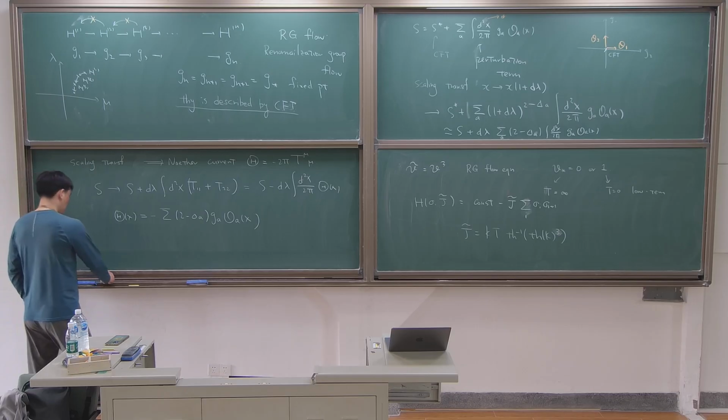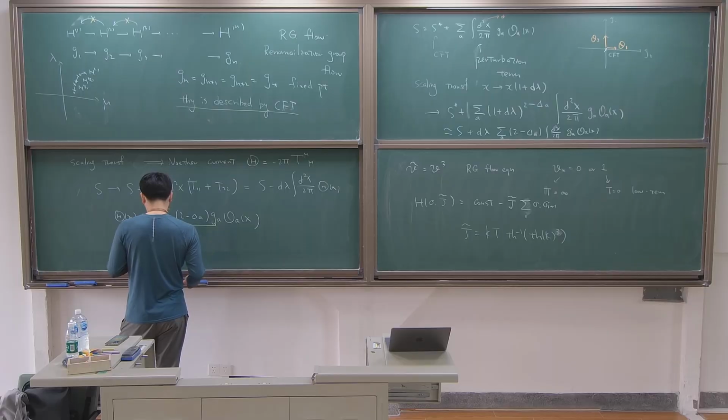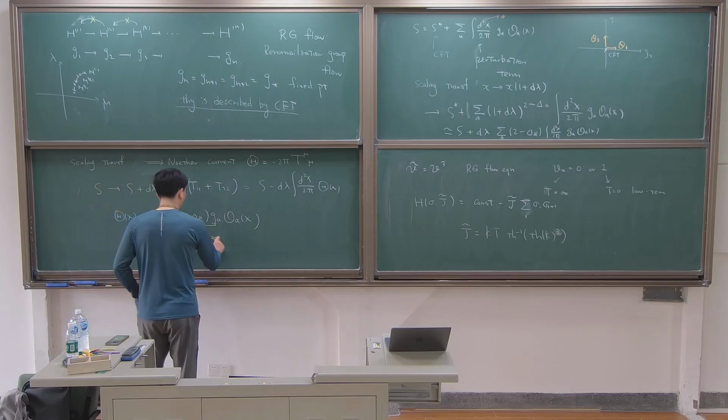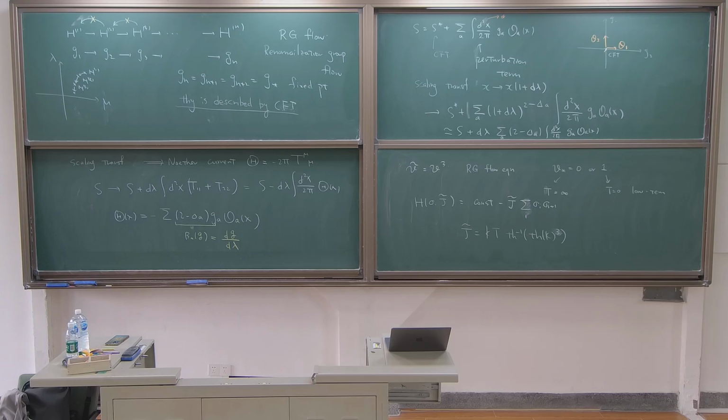And we call this beta_G, which is just d g over d lambda, how g depends on the scaling of lambda. This is called the beta function.